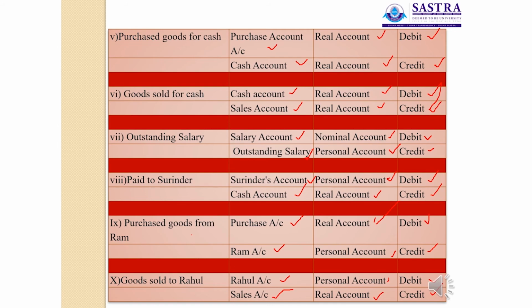Do you understand? Then the next one. On the basis of real account, debit what comes in, credit what goes out. Under nominal account, the rule of accounting is debit all expenses and losses, credit all incomes and gains.